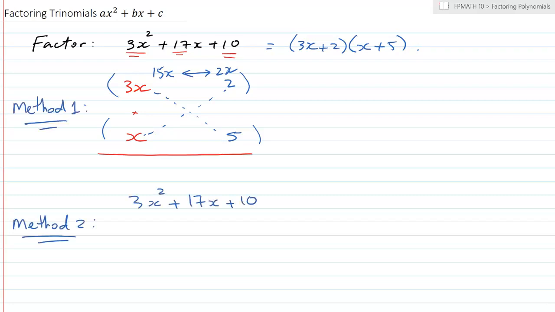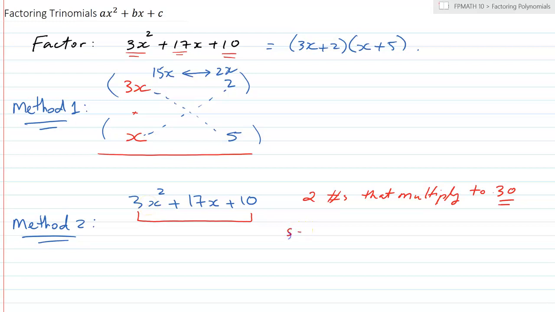All right, method 2 is like this. The first thing you do is look at the 3 and 10, and you come up with two numbers that multiply to 30, because 10 times 3 is 30.